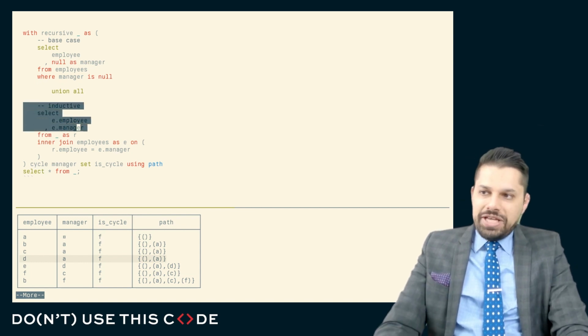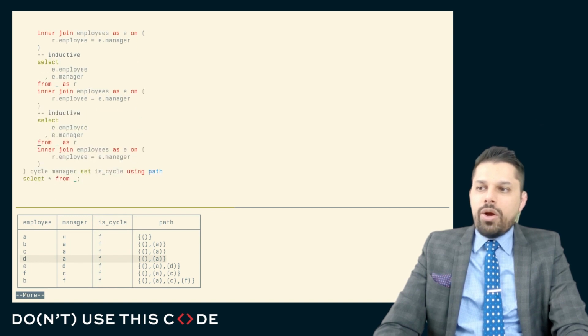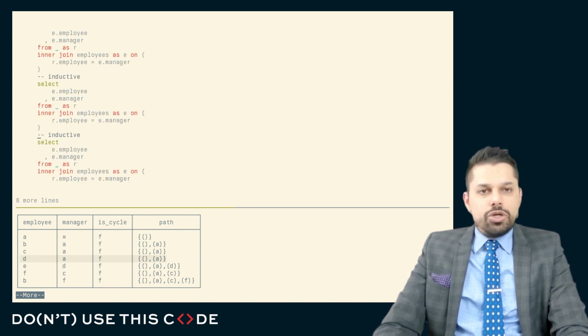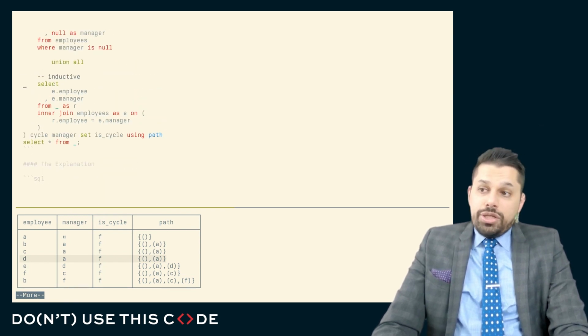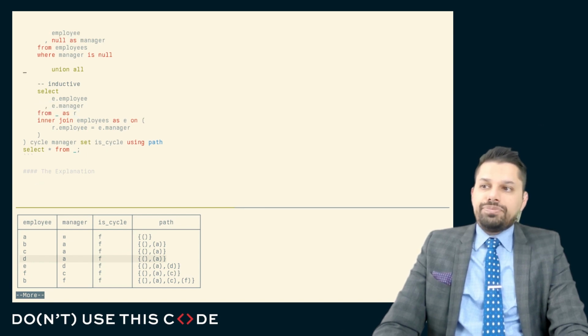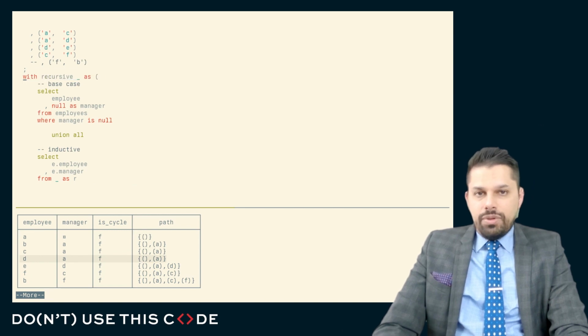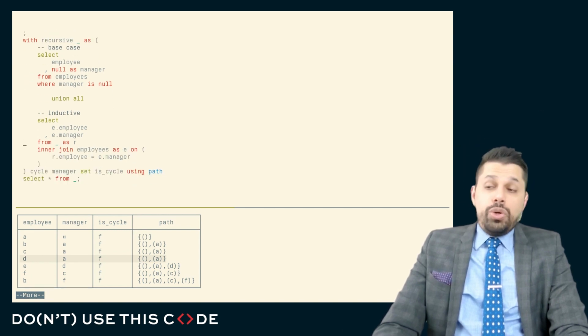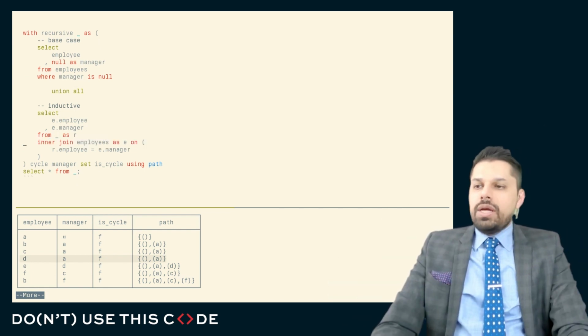What's actually happening behind the scenes is that this inductive step is just being run over and over and over again until it terminates, until that inductive step no longer returns new rows. So in this inductive step, you're typically going to join or select from the CTE itself, and then join or select from, depending on which order you want, the actual data itself, and figure out how they link to each other.